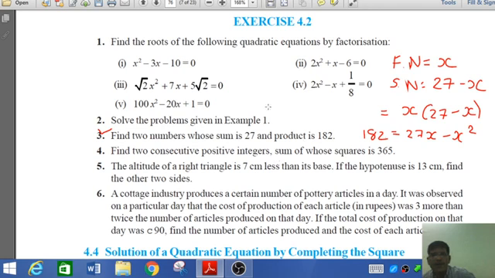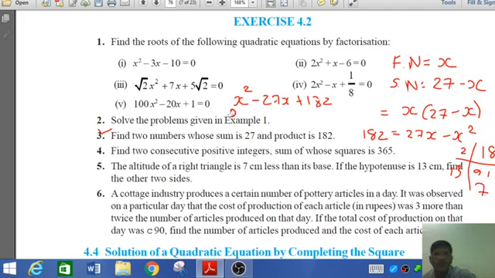So if I write in standard form, then x square minus 27x plus 182. Now we have to make a factor of 182. So 13 7s are 91, 7 2s are 14, and 13.